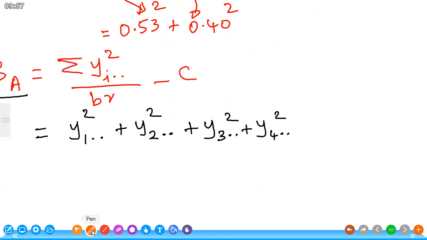What does it refer to? First look at the subscripts. Then only we understand. Here the subscript says y1 dot before squaring. What is this?